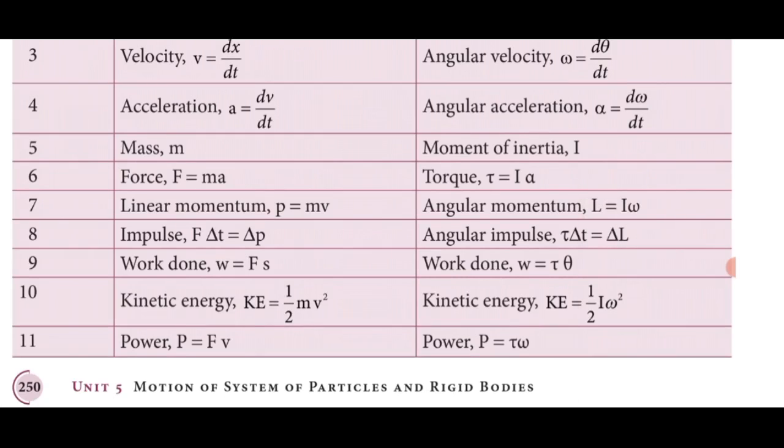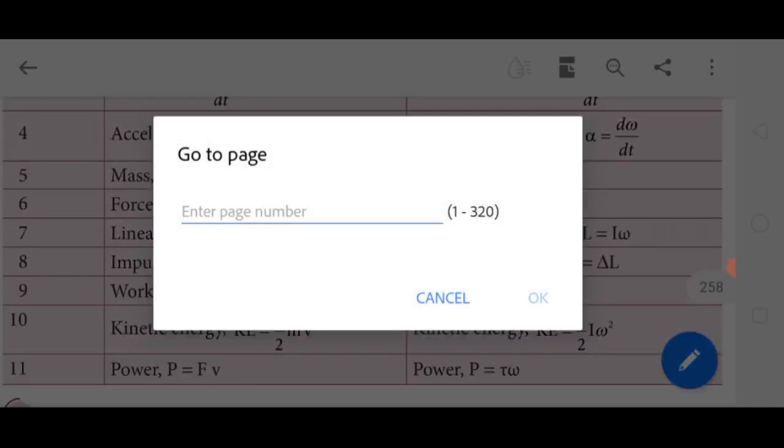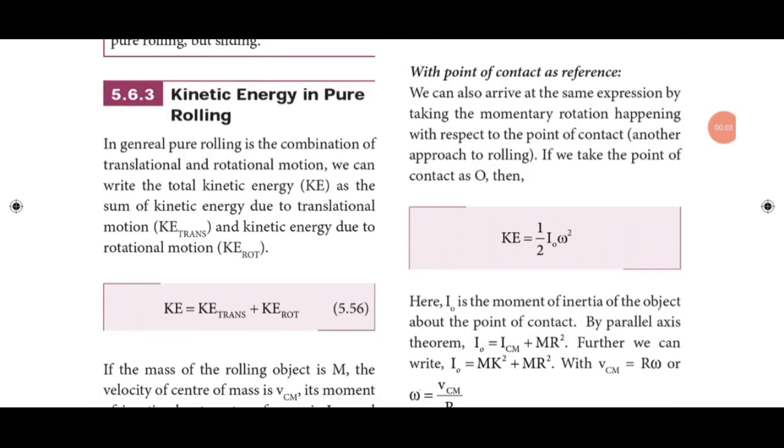Kinetic energy in rotational is (1/2) I omega square, but in translational (1/2) mv square. Power P is equal to Fv in translational, but P is equal to tau omega in rotational.